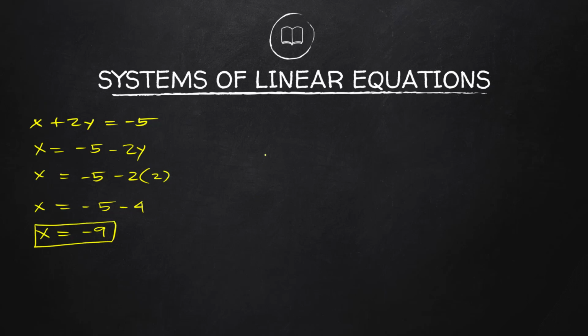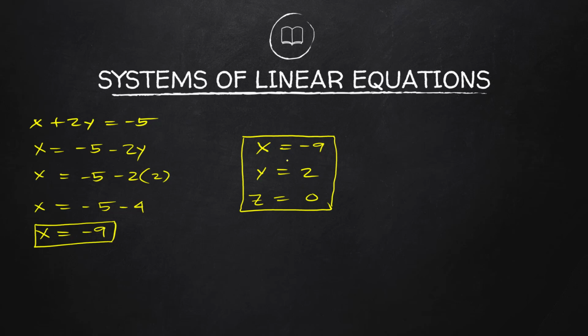So we have a solution for the system of linear equations: x is equal to negative 9, y is equal to positive 2, and z, sorry for that, z is equal to 0. This is the solution for the system of linear equations.